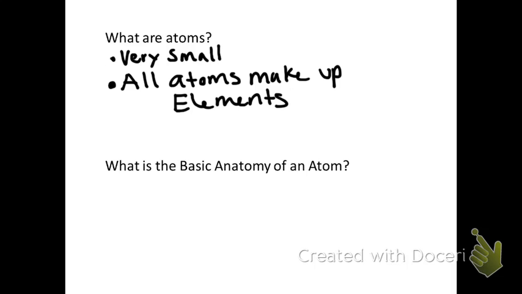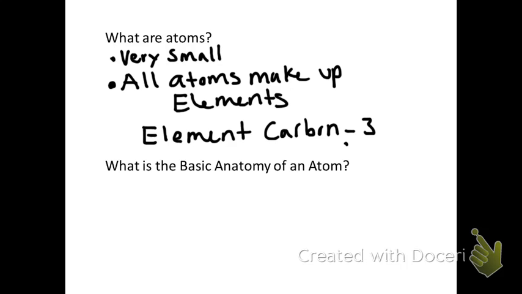And what we know, and what we'll look at a little bit more later, is that there can be multiple atoms that make up an element. For instance, the element carbon is composed of 3 atoms. And we'll talk more about what that means a little later on.